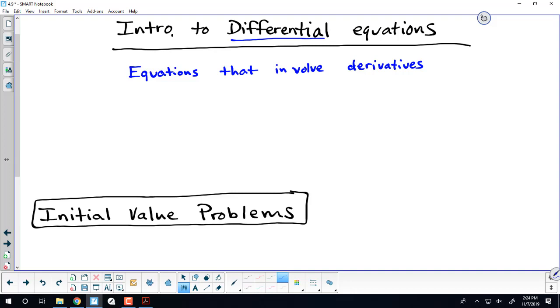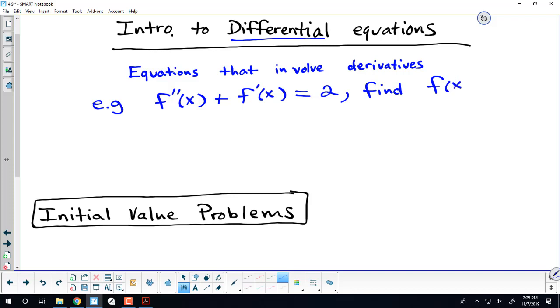So you might have a differential equation like the second derivative of a function plus the first derivative of a function is equal to 2. Let's say, for example. And what we want to do is find the function that satisfies that equation.